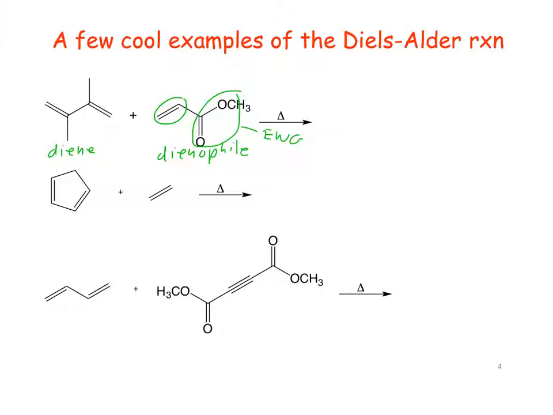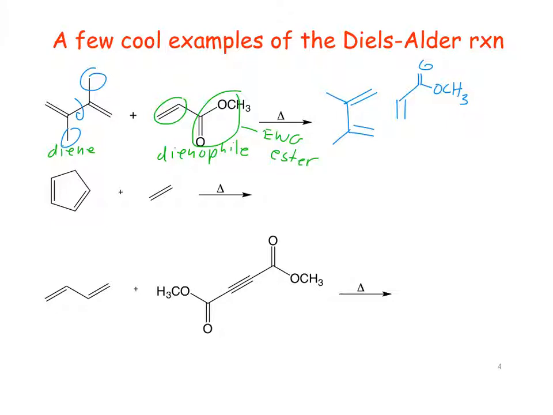So let's line these up so we can do the reaction. We're going to rotate this one, and we're going to draw it like this. Notice that it has these two methyl groups attached, so those methyl groups are now here. Then we have the dienophile, and we have this electron withdrawing group. This electron withdrawing group in this case is called an ester.